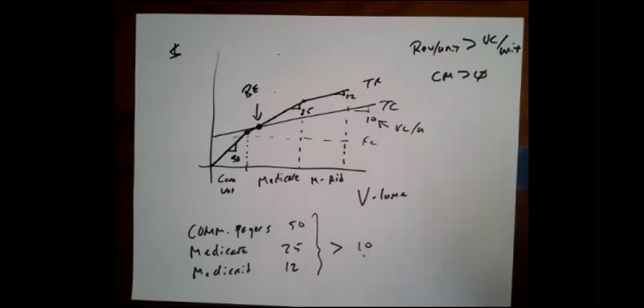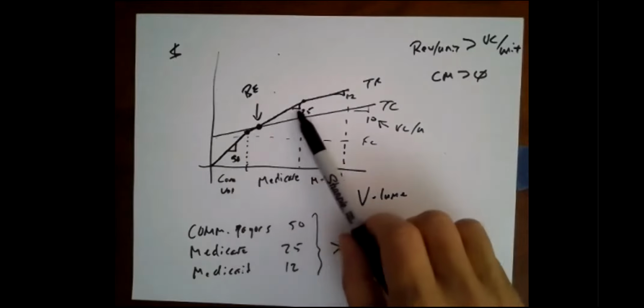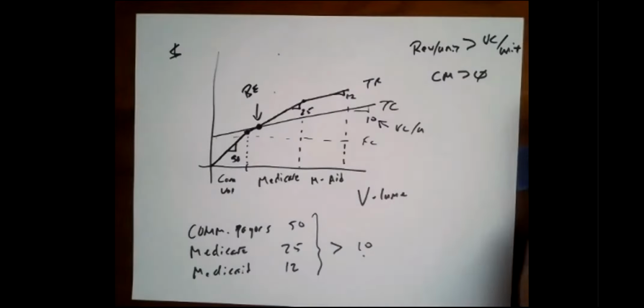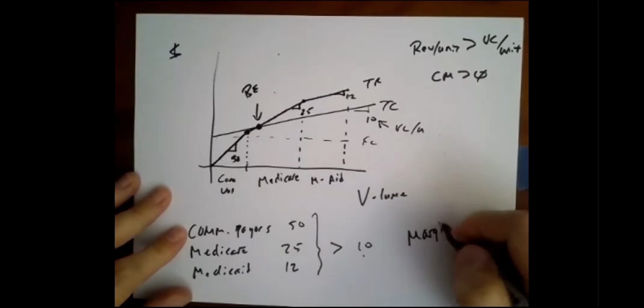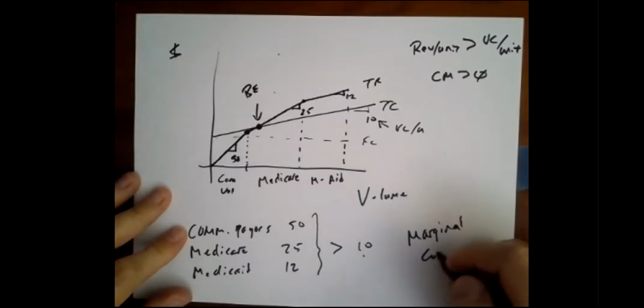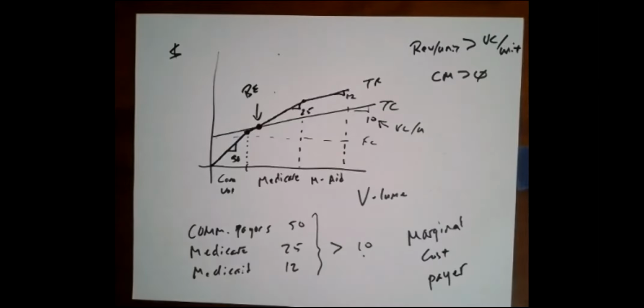And so Medicaid gets away with such a low payment because what they're counting on is the higher paying patients, in particular the commercial payers, and even Medicare, which are both higher paying, will help the organization break even. And then Medicaid tries to be what is called the marginal cost payer, which basically means they only want to pay you what it costs to do one more visit.